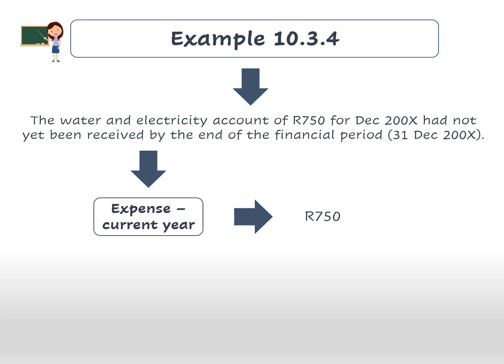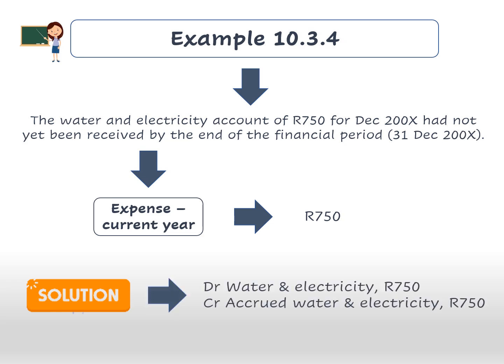So in order to get this expense into the books, remember when you incur an expense, you need to recognize that expense. And when you incur an expense, you debit the expense. So we debit the water and electricity expense with the 750 Rand. And then we credit another account, accrued water and electricity, to show that we owe that money to the municipality.